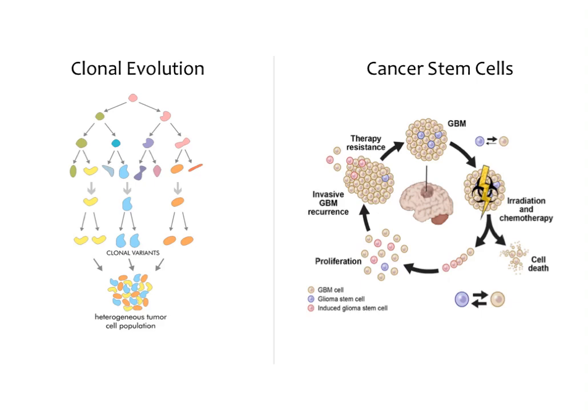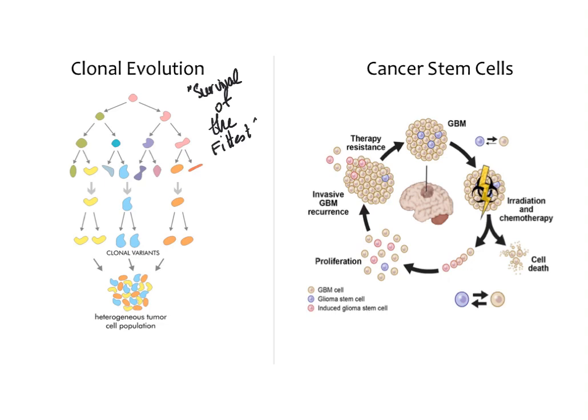All right, so where does this variation come from? So there are 2 big theories about where the variation comes from. One of them is clonal evolution. So this is a very Darwinian concept of basically survival of the fittest. So what it says is that there are multiple different clones within the tumor, like we just talked about, and some of those clones survive therapy and some don't.